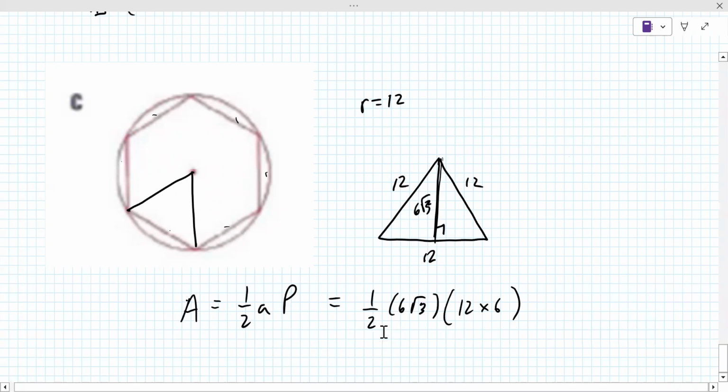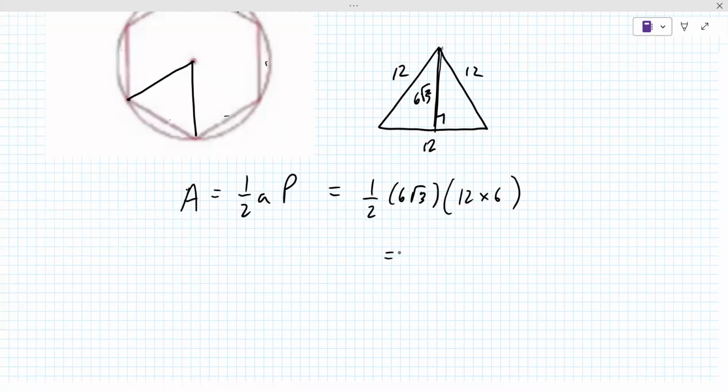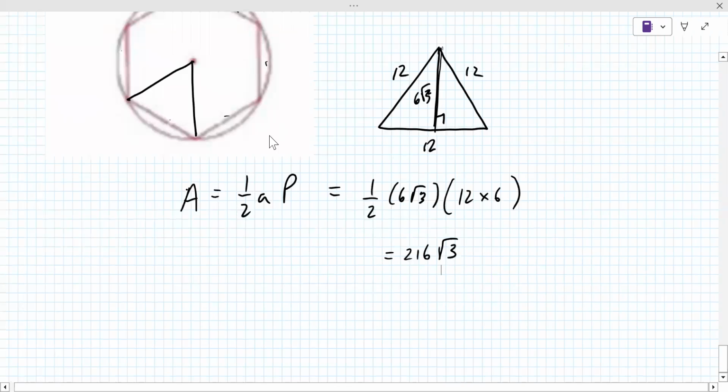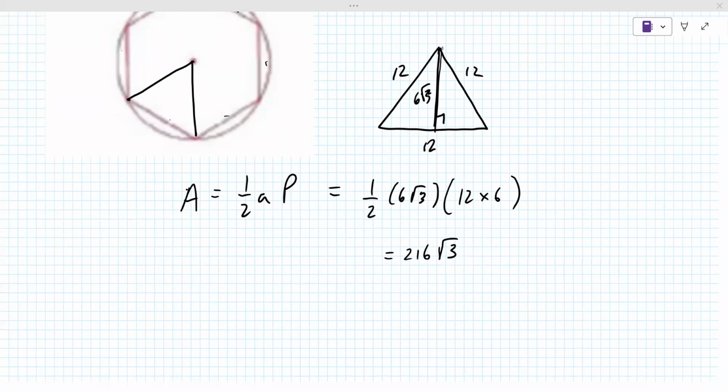So 72 times 3. $16. Does that sound right to you?